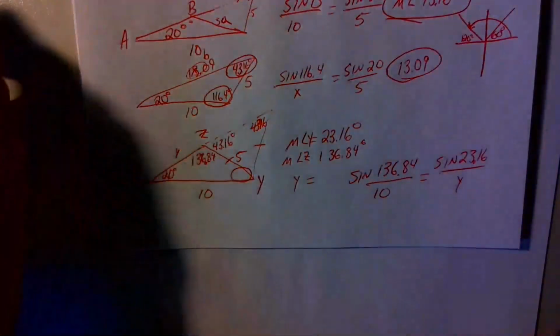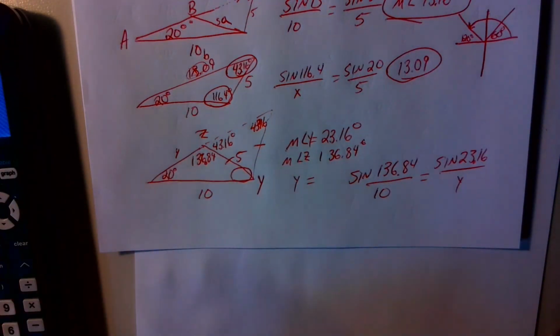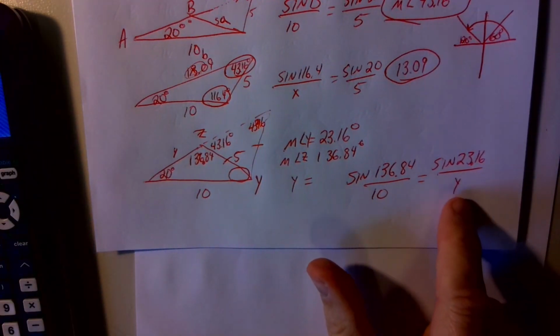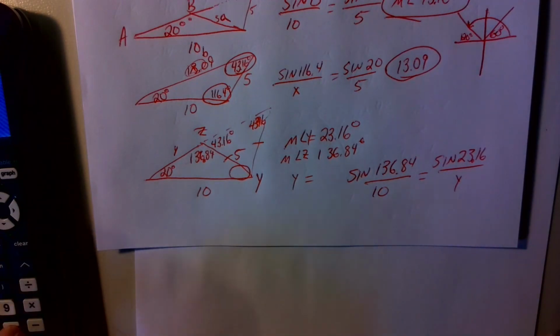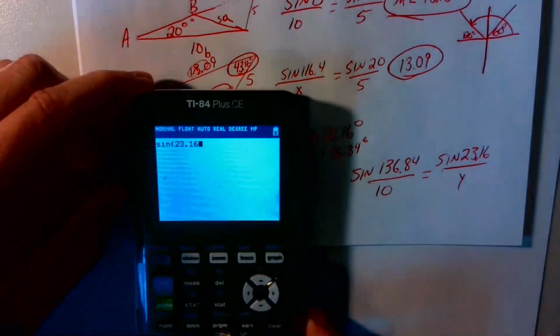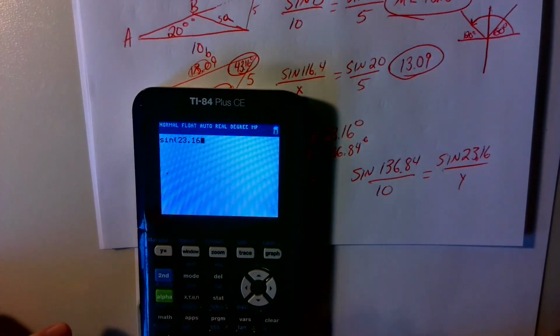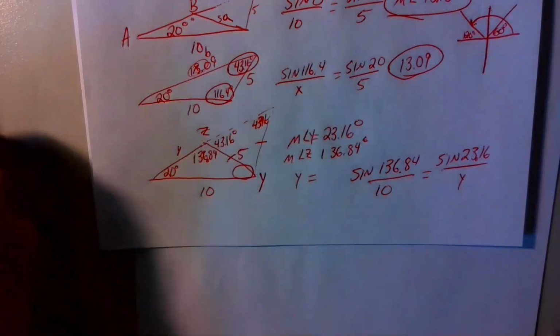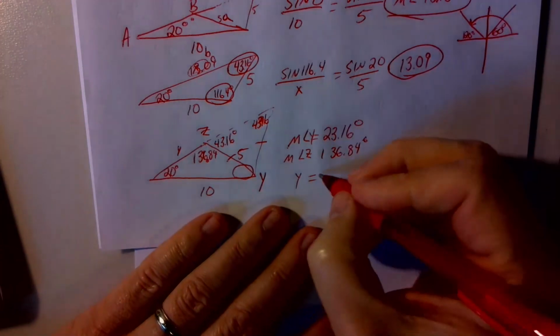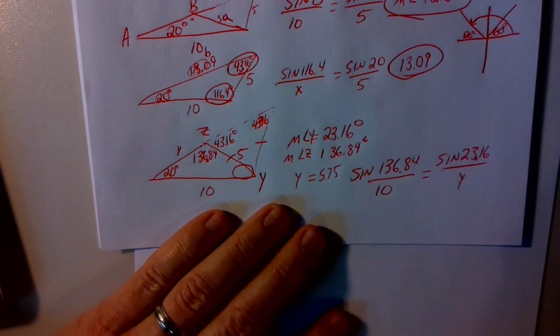Trying to solve for little y. So I get the sine of 23.16, enter, times 10, enter, divided by the sine of 136.84, enter. And I find out it's 5.75. So little y is 5.75.